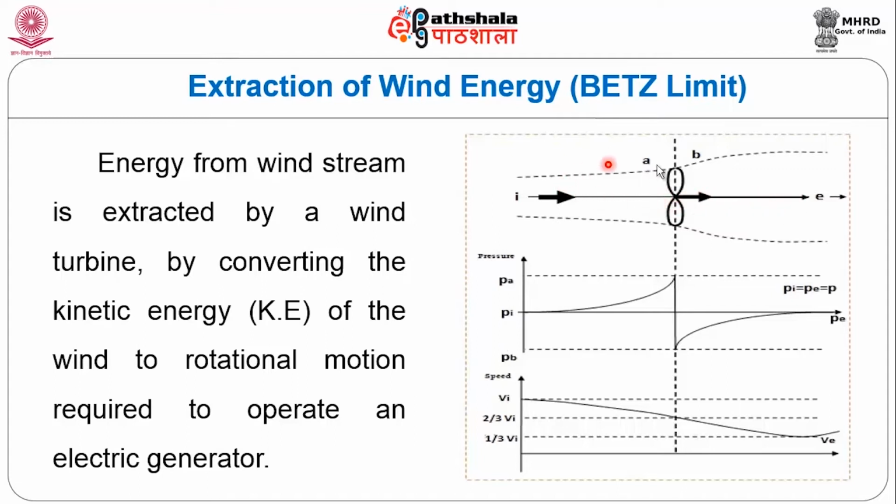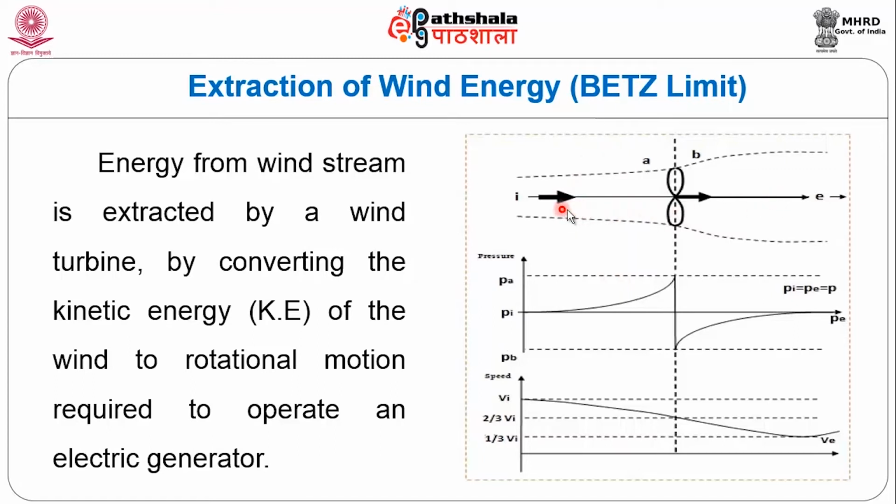And so we make two sectors here, before the blade and after the blade. Before the blade, the wind is flowing and striking the blade, and then from the blade the wind is flowing out. In this sector we have I-A, and in this sector it is B-E. So, we can call this upstream and this downstream.